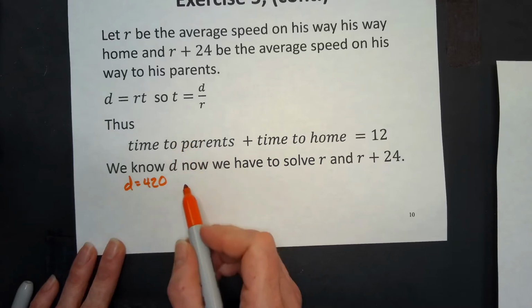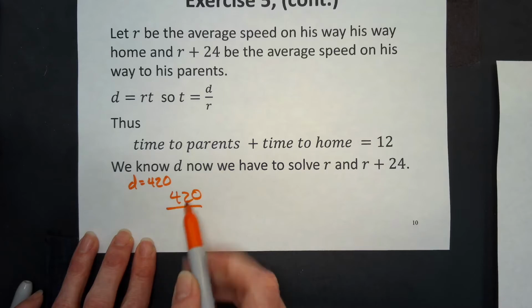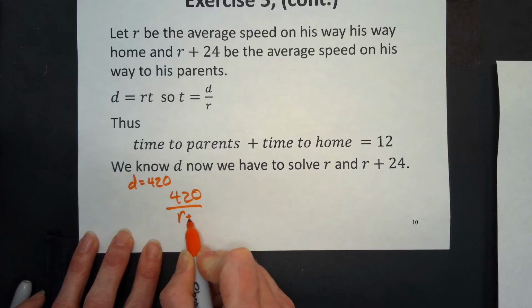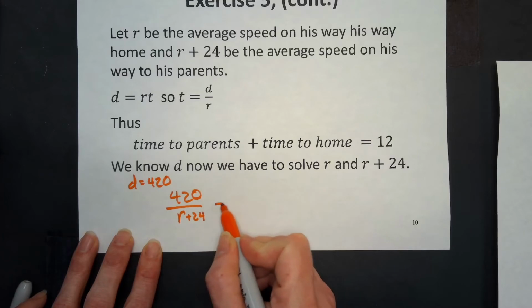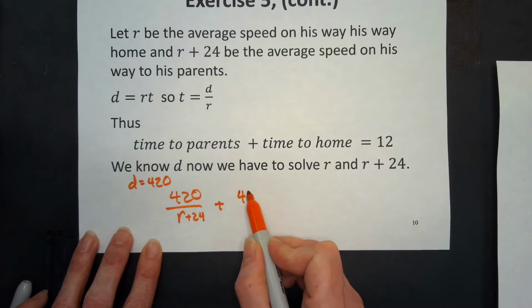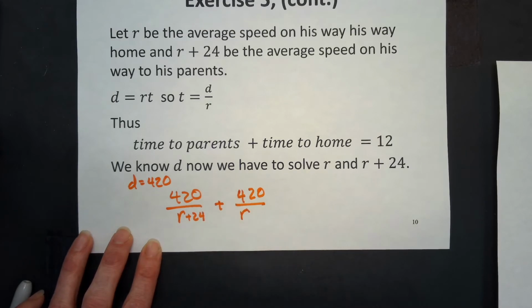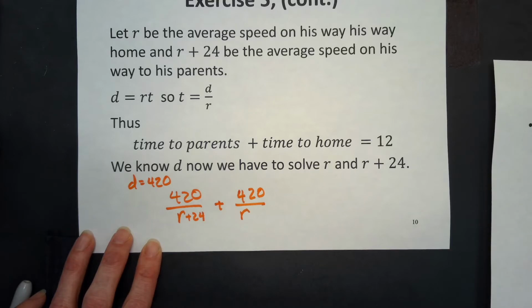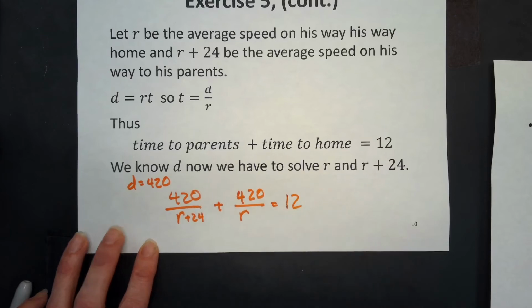So I'm going to have time to parents, which is 420 miles divided by R plus 24, and then plus the time to home, which is 420 divided by the slower speed R, because there was bad weather on his way back. And then we're going to add those together, and we're going to get the total time 12.